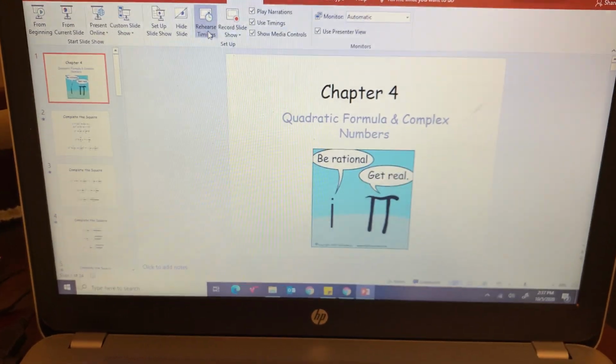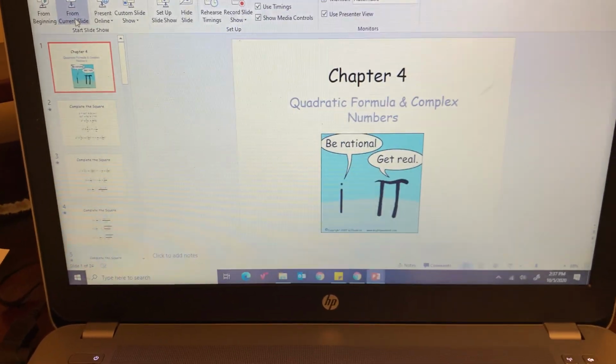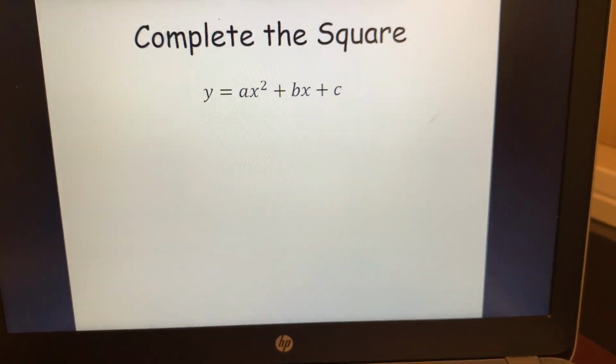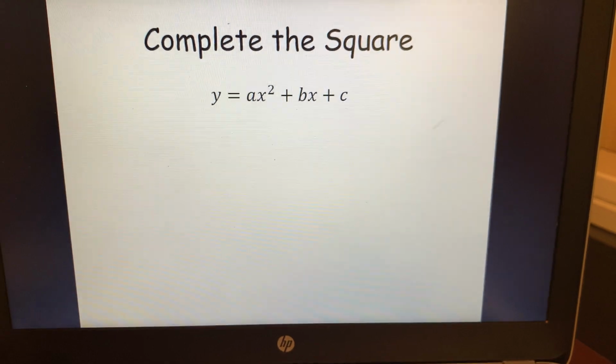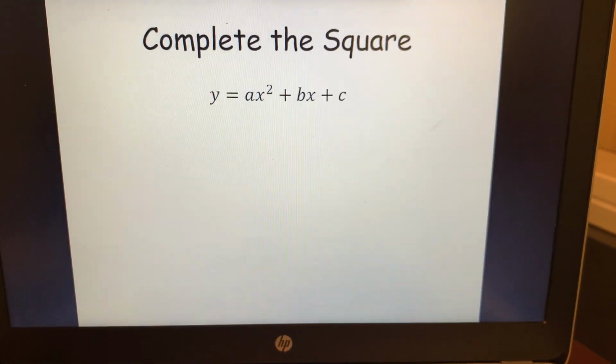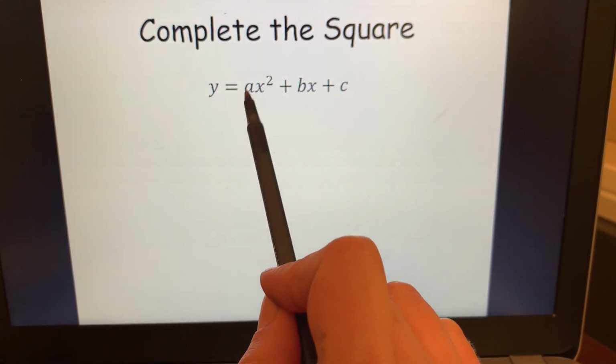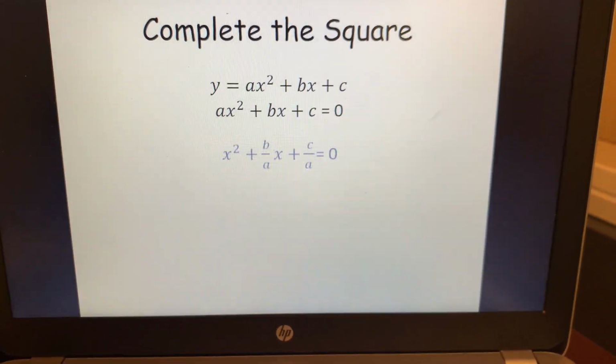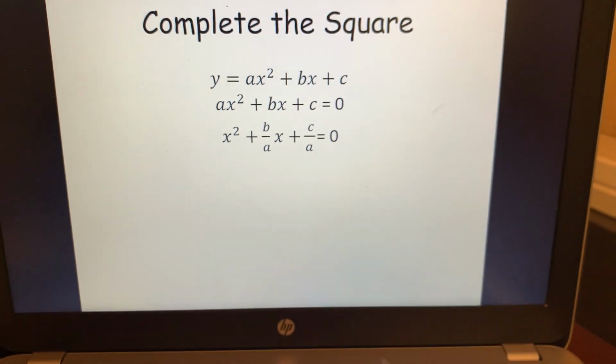Okay. So when you complete the square, when you have y equals ax squared plus bx plus c, we always knew in the beginning we don't want that number in front. So we factor it out or we divide it out. So say that was like 2x squared.